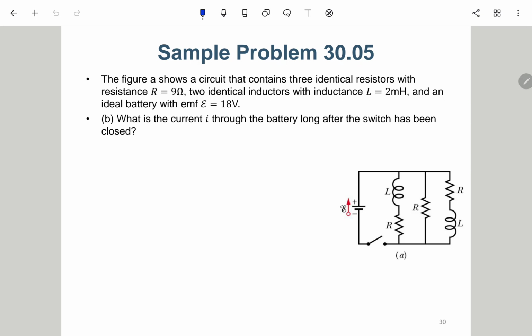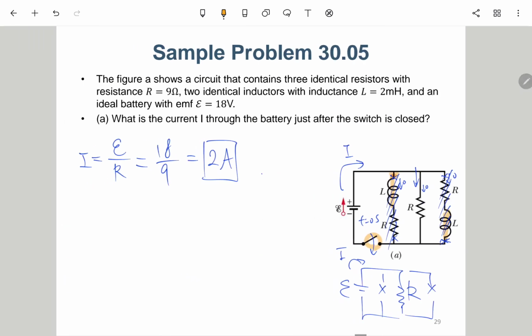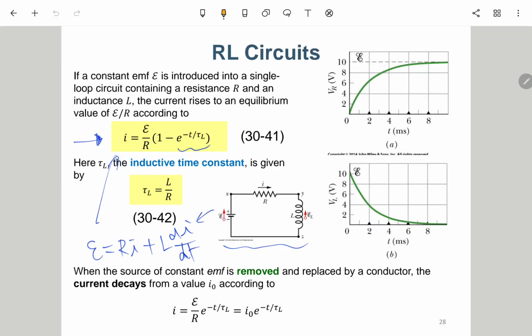For question B, what is the current I going through the battery long after the switch has been closed? Maybe we still need to go back to here to observe a bit.